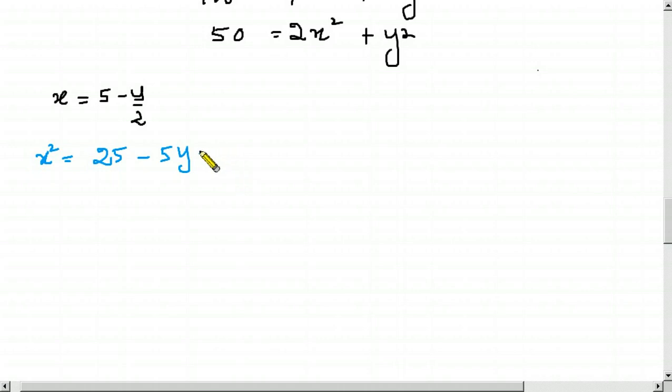Then plus b squared, y squared divided by 2 squared, which is 4.